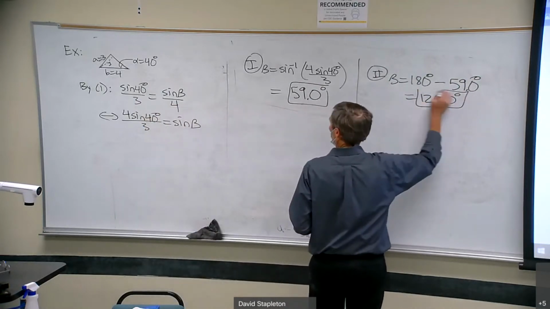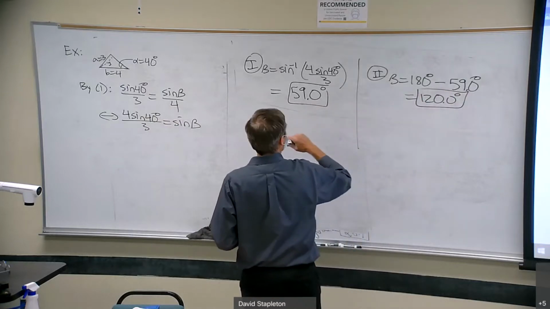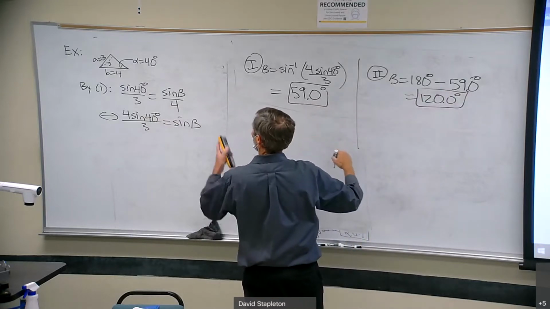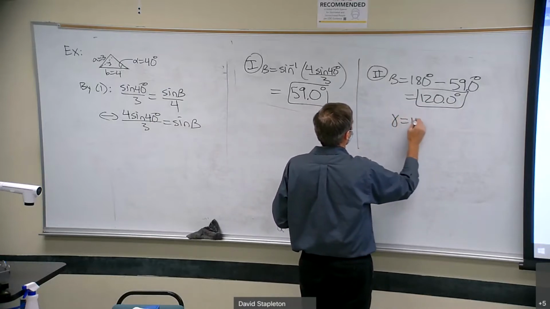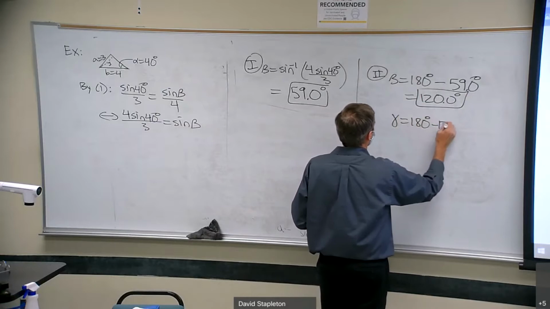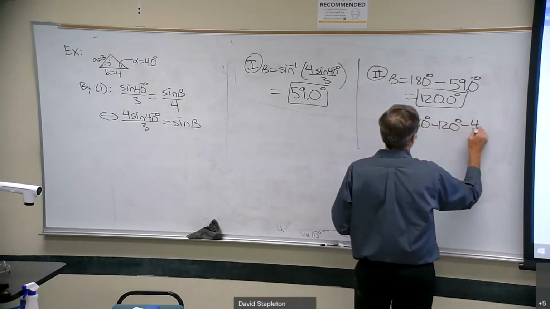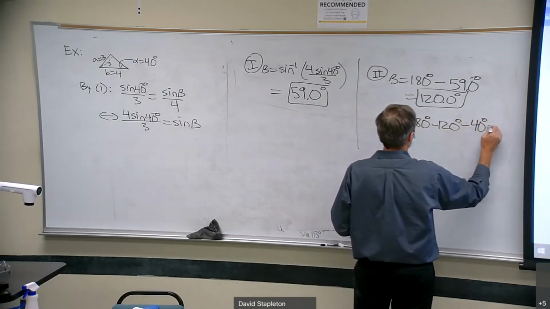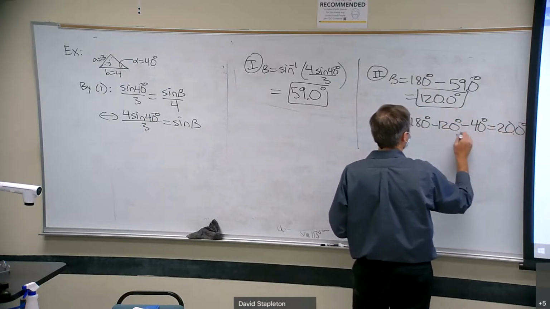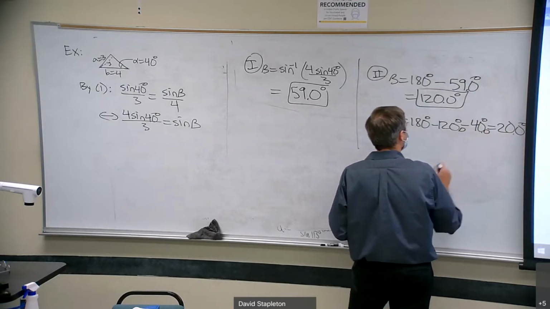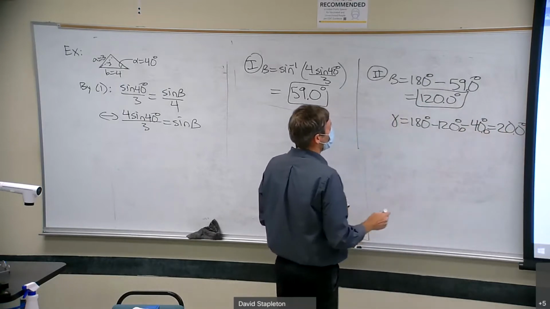And now let's see, if alpha is 40 and beta is 120, then gamma is 180 minus 120 minus 40, actually 20 degrees, right? Actually 20.0 if I carry the digit here. So this one actually does work.